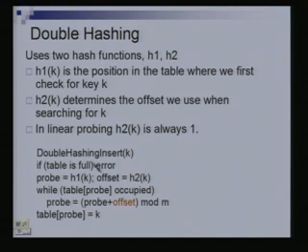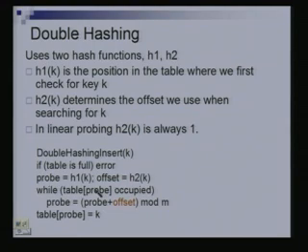Okay, so let's look at this piece of code. Probe is set to h1 of k, so that's the first position I look at, and offset is set to h2 of k. First, I'll look at the location specified by probe in the table. If it is occupied, then probe is set to probe plus offset, which means this is the next location I look at.